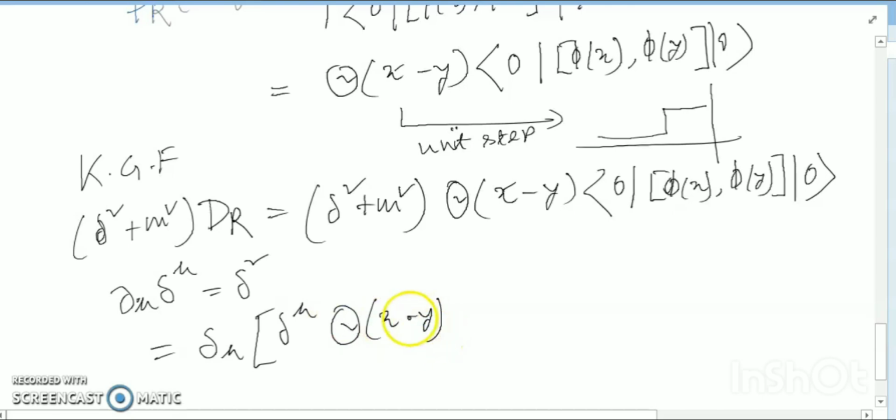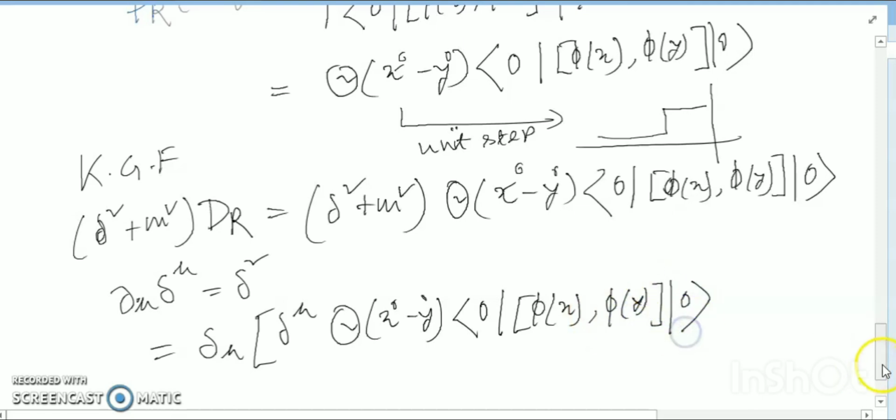Whatever I get, this value is equal to 0 into phi x comma phi y.